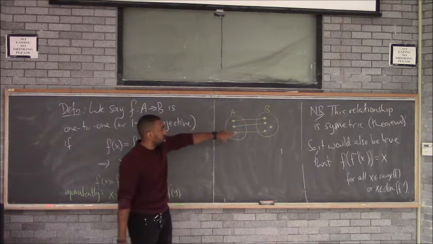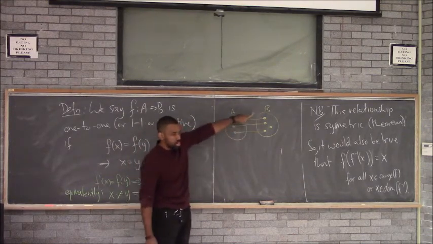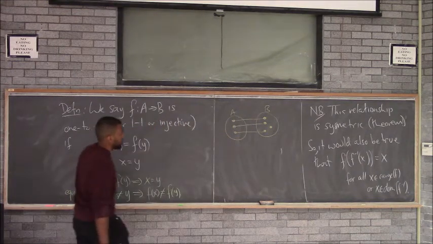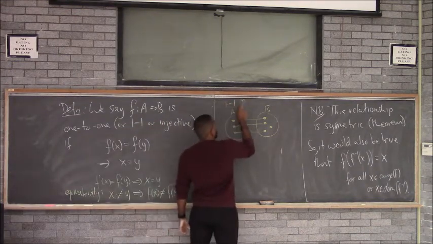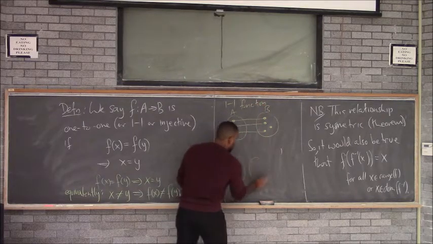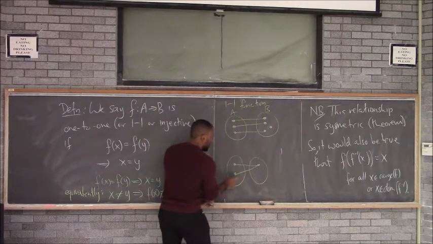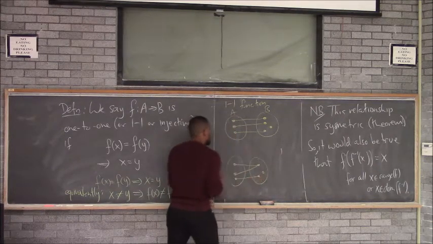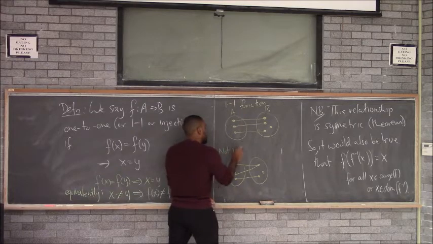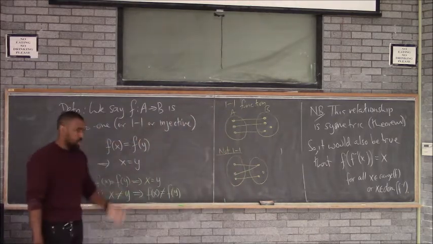In general, two things can go to the same thing in a function, but not in a one-to-one function. This is a one-to-one function. You could have something like this guy goes to that guy, and another guy goes to the same guy. This is not a one-to-one function.